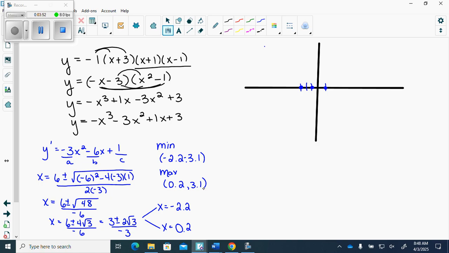Okay? So we have -2.2 and -3.1. And then we have 0.2 and 3.1.